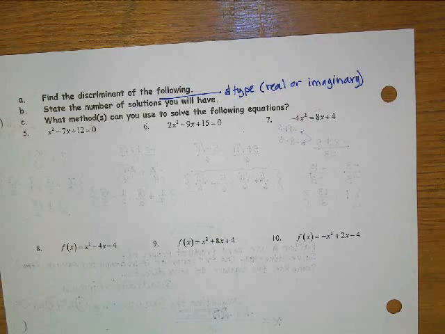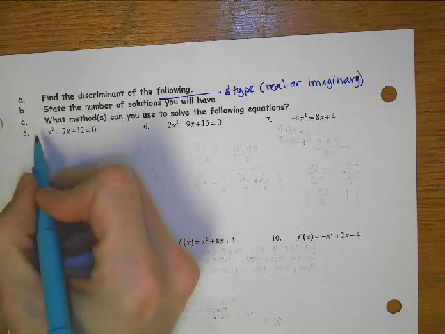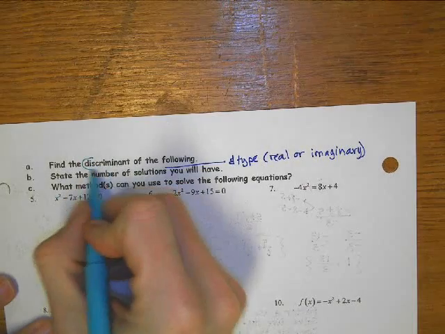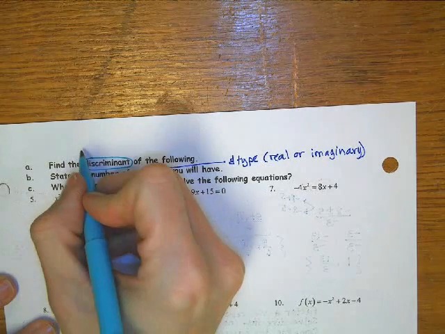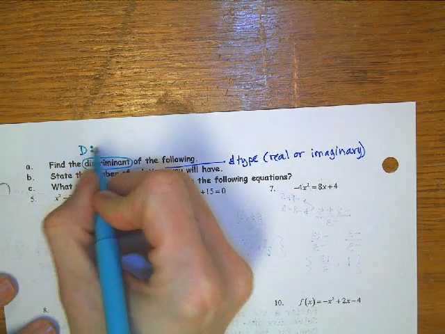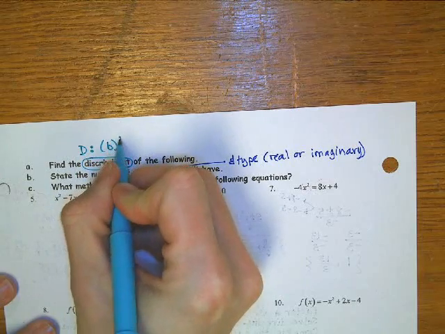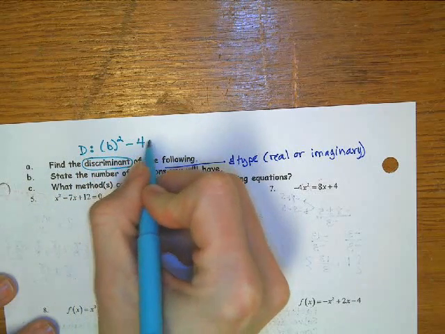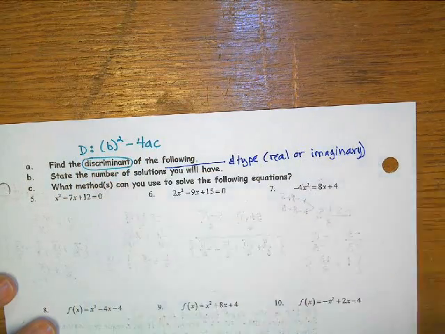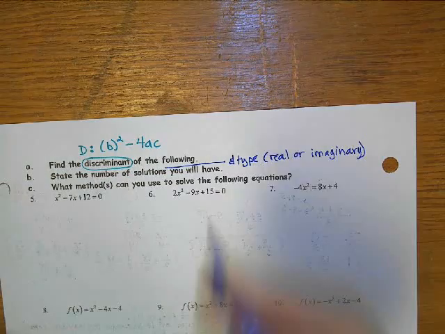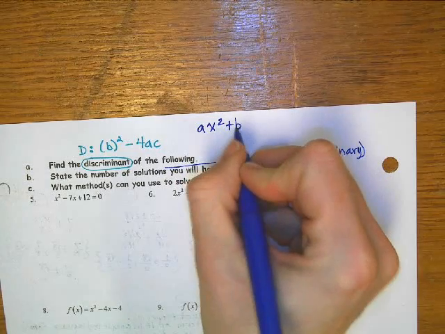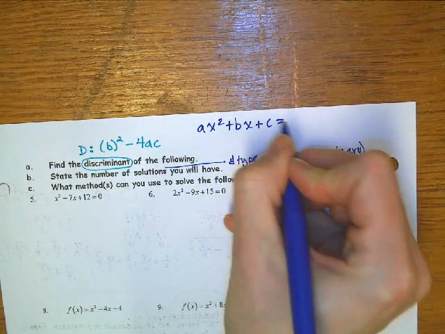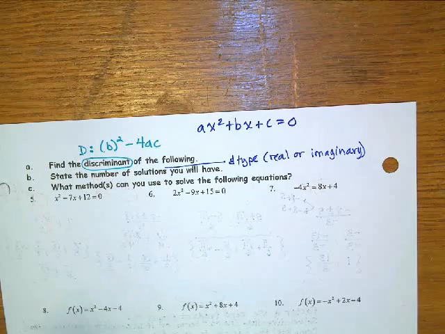First thing I want you to do is always check the discriminant. Remember, the discriminant is the part of the quadratic formula that's under the square root, so b squared minus 4ac. Those values come from having your quadratic in ax squared plus bx plus c equal to 0 form.